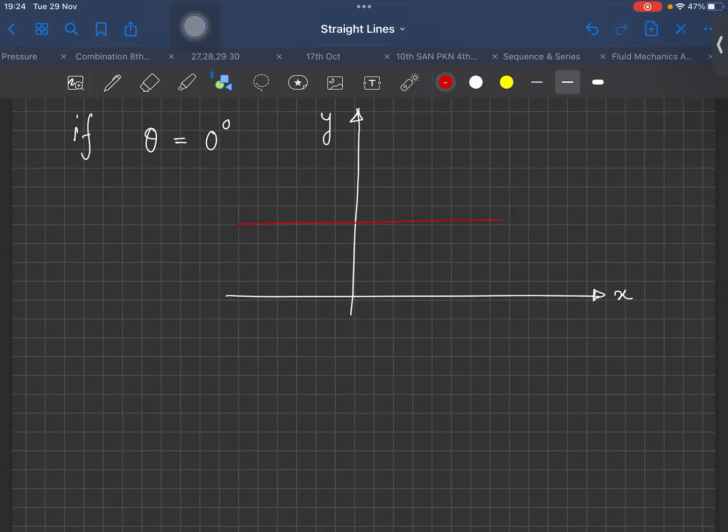It's a straight line parallel to the x-axis, right? Slope is 0. That is, tan theta is equal to 0, tan 0 degrees.